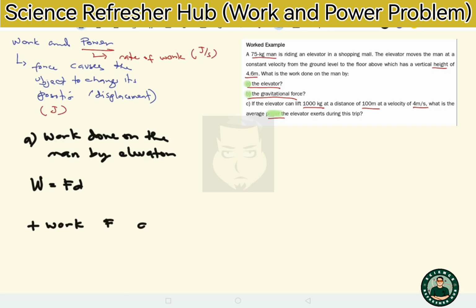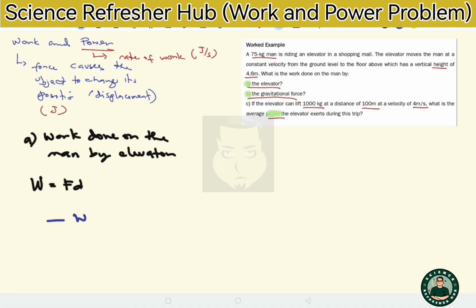the force and displacement direction is the same, like going to the left. The force is going to the left, the object's displacement is going to the left, or the force is upward and the displacement is upward, or on the other hand, downward and downward. That's a positive work. We also have the so-called negative work.